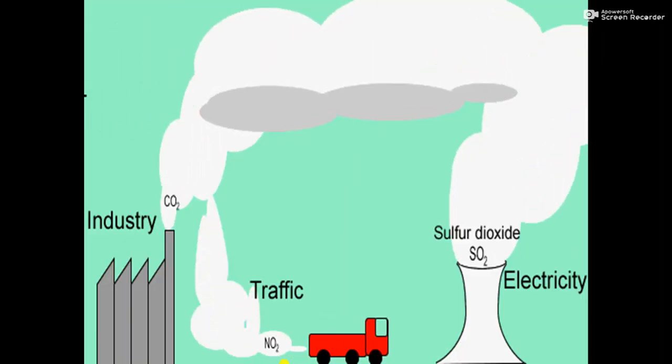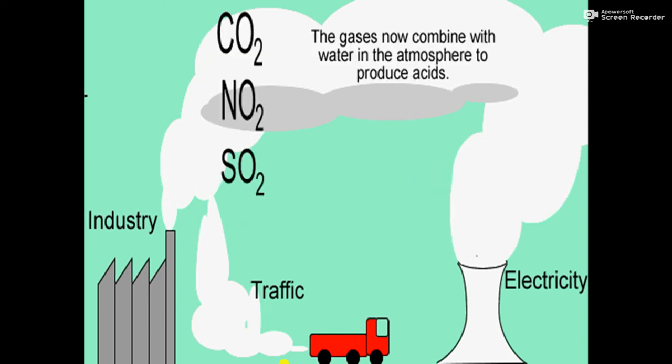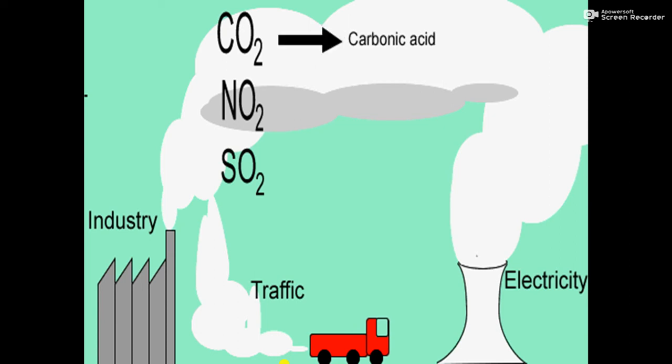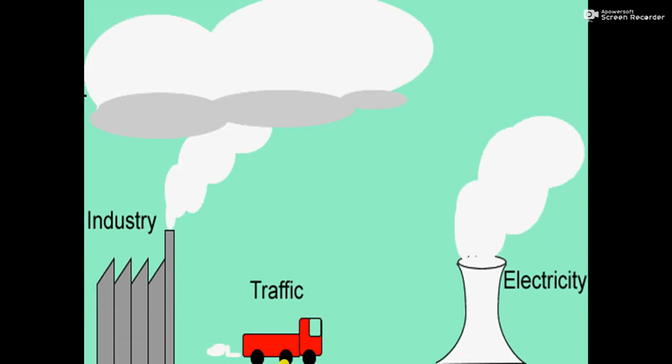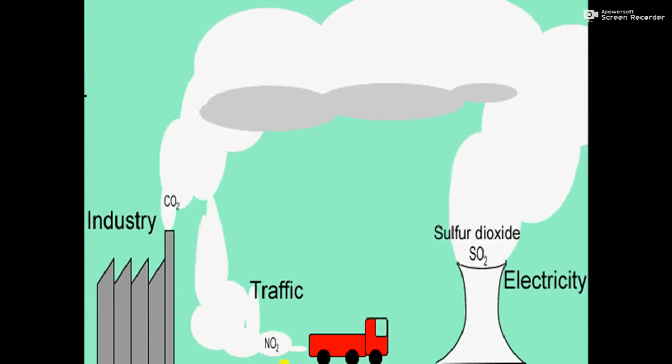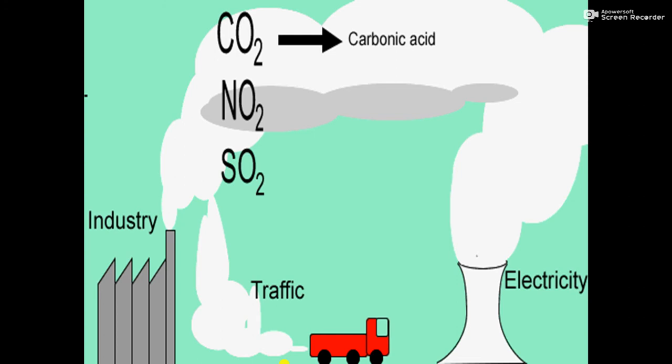Basically it is only because of excessive air pollution. From industry and excessive traffic, everywhere fuel is burning and smoke is coming out. Various gases come from industry: carbon dioxide is produced, then NO2 is produced, and then SO2 is produced.